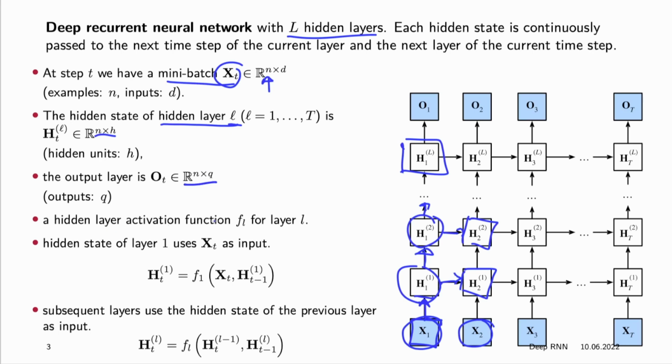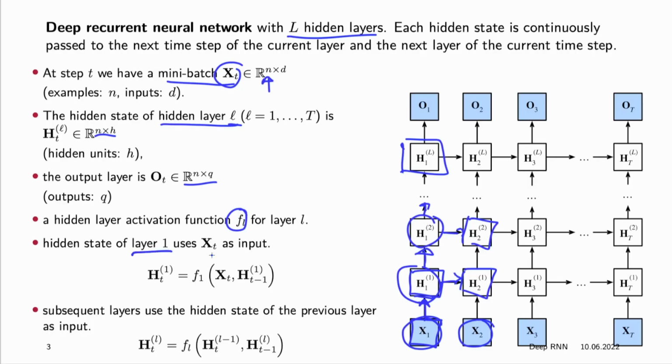Each hidden layer can have an activation function fl for the lth layer. So these don't even need to be the same. So the hidden state of the first layer, layer 1, uses the input xt as an input.